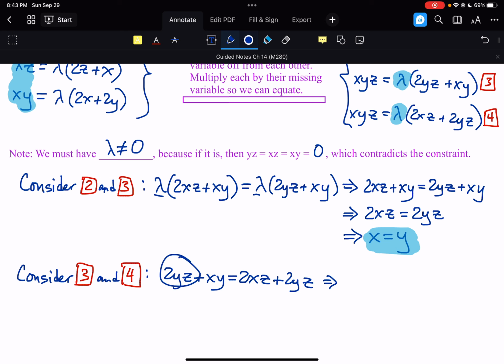We can this time subtract away the 2yz's. So we're left with xy equals 2xz. And we can go ahead and divide away the x's just like we did with the z up above. So we're left with y equals 2z.